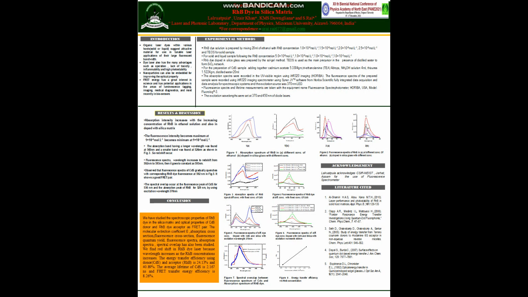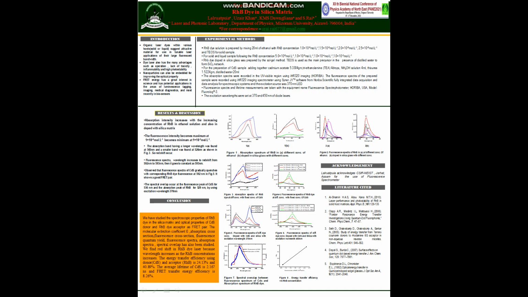So for excitation wavelength of 317, fluorescence peak of CdS at 536 nanometer and absorption spectrum of rhodamine B at 529 nanometer shows a good overlap. This spectral overlap occurs due to fluorescence quenching of donor. This confirms that there is energy transfer from CdS donor to rhodamine dye with a high probability of transfer. That is what we have found out from our result and discussion.